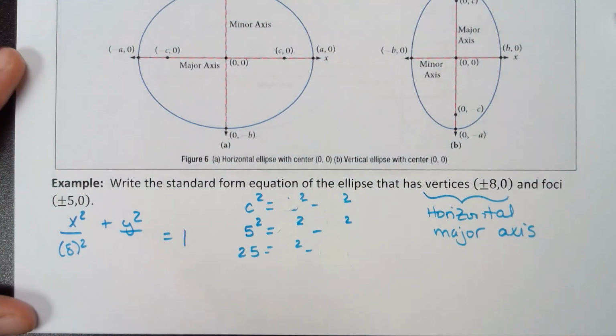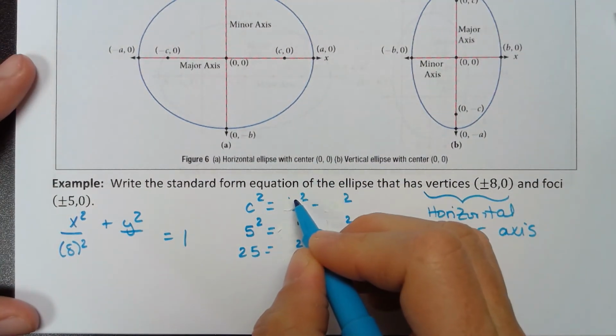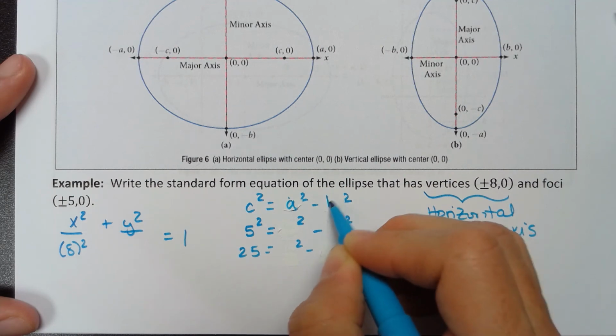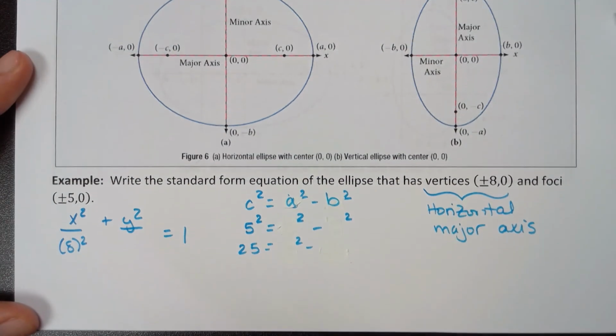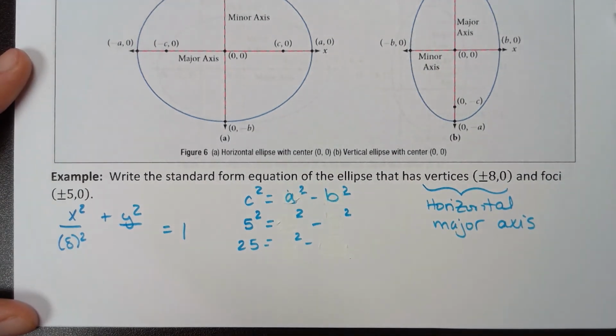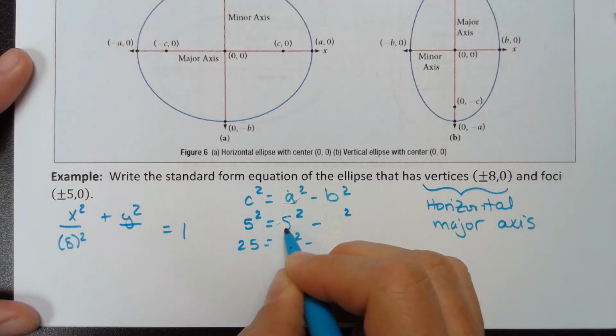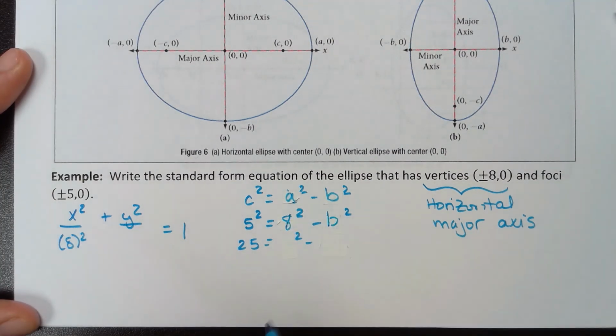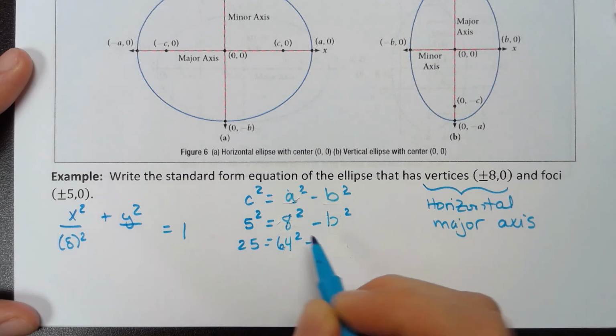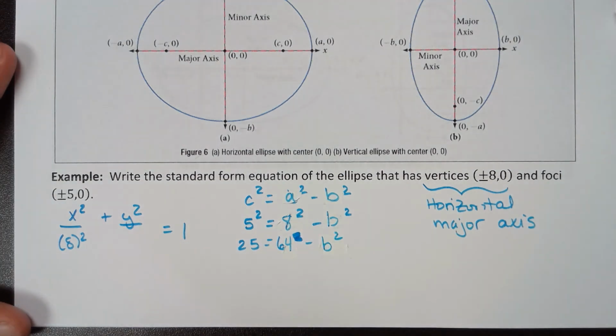Alright, so we have c squared equals a squared minus b squared, not b squared minus a squared. Let's try that again. Okay, so we know a is 8. We don't know b, that's what we're looking for. So we have 25 equals 64 minus b squared. So we have 25 minus 64.